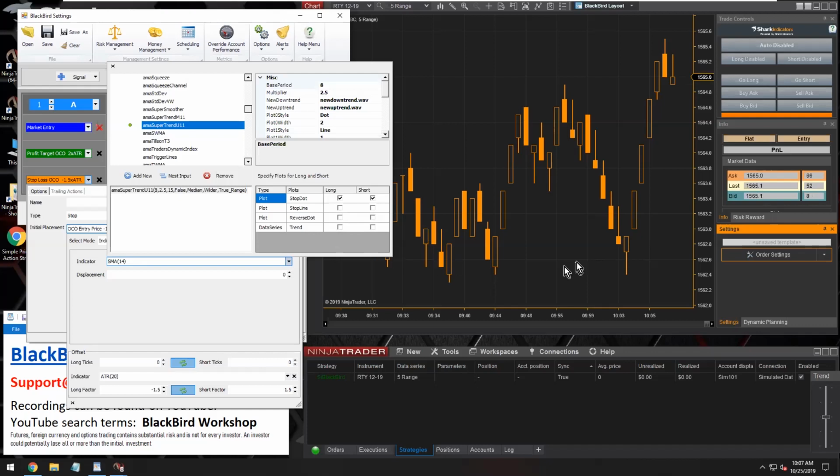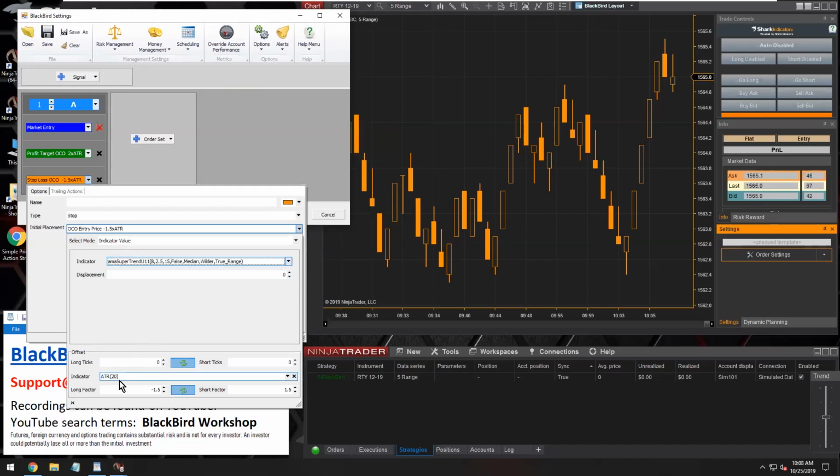If you're using an indicator, then the distance of your stop loss from when the order gets executed is going to change all the time, because you never know where that super trend indicator is going to be plotting when your trade signals happen.